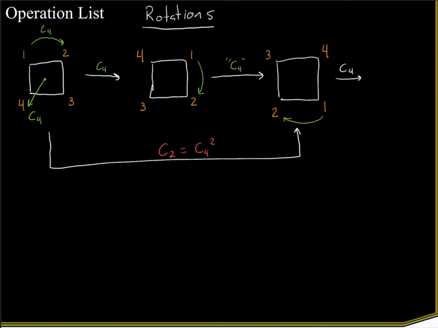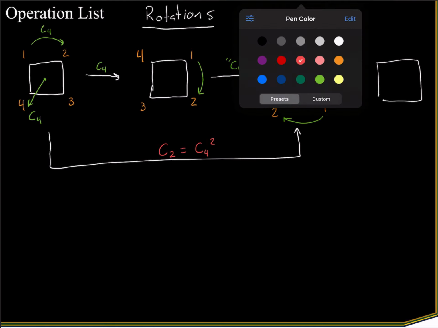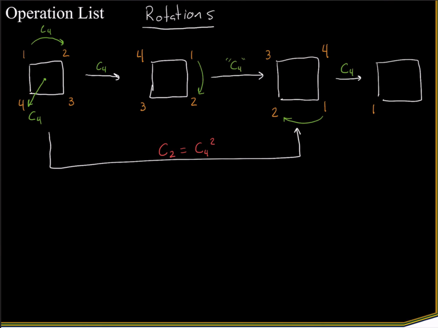Sorry, let me use the right color here so our picture looks nice at the end of the day. Right, and so we have this other C4. We end up with our white box structure here. Let's get back to our nice orange color. 1, 2, 3, and 4. And here we can see that this is in fact another new structure that we've arrived at.